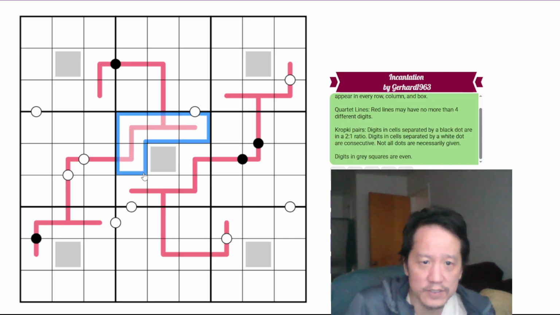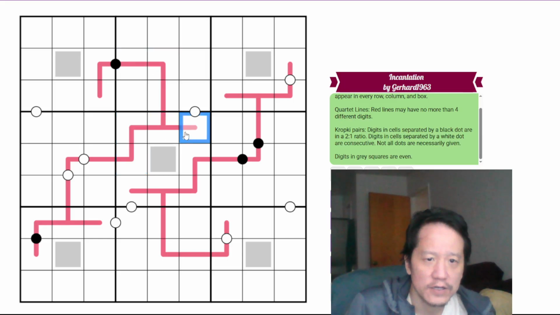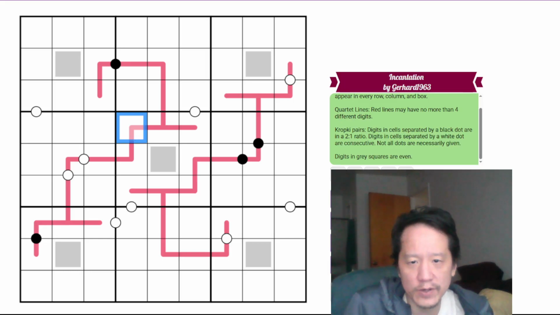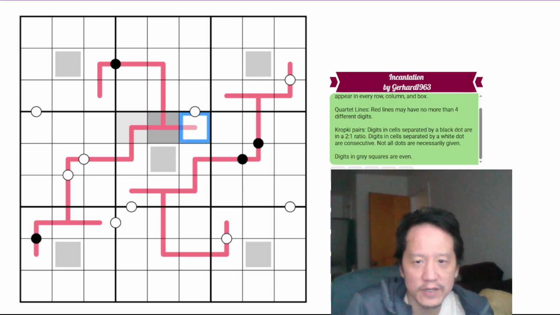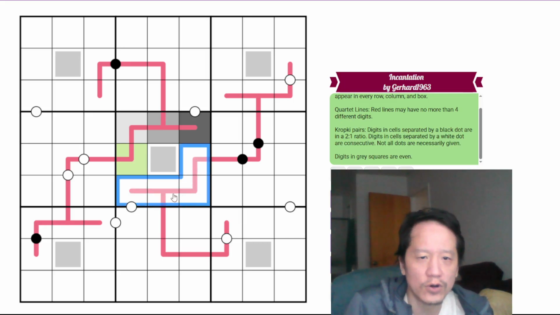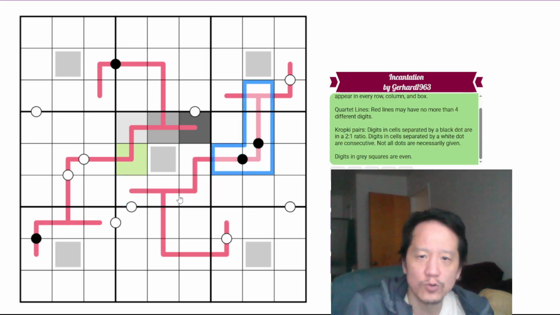Okay, so these digits are going to be the only 4 digits on this line, so we're going to mark these. This is light, medium, dark green. Similarly, these 4 are going to be the digits that are on this quartet line, so this is red, yellow, blue, and orange.